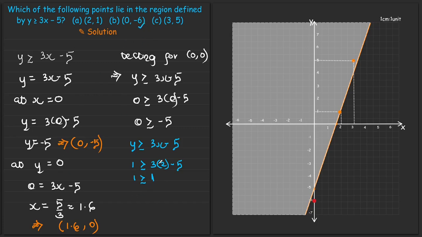If we were to check for the next one, we have our y, which is -2. So we have -2 is greater than or equal to 3 into bracket 0, then minus 5. That gives us -2 is greater than or equal to -5. And is this inequality true? Is -2 greater than or equal to -5? That is no. So you realize that it fell outside our feasible region.